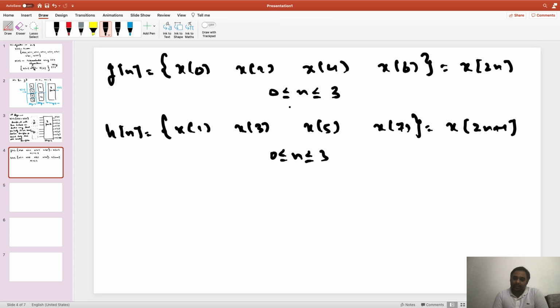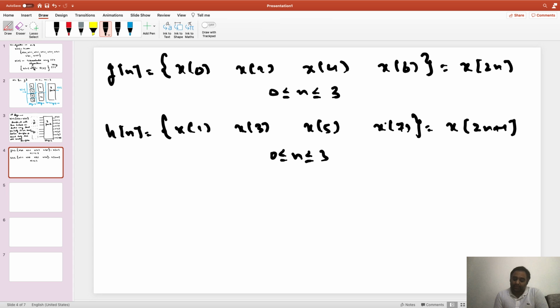I have divided that sequence x[n] into 2 sequences g[n] and h[n], where g[n] comprises the sample points of x[n] at even indices, and h[n] picks up the odd index points.